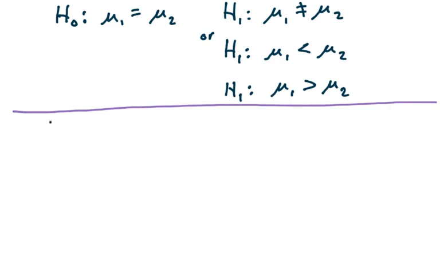For H subscript 0, instead of saying mu1 on one side and mu2 on the other side and saying, okay, we hope these are equal, what we can do instead is say this. Let's take the difference between them. We'll just subtract the second one away from the first one, mu2 subtracted away from mu1.